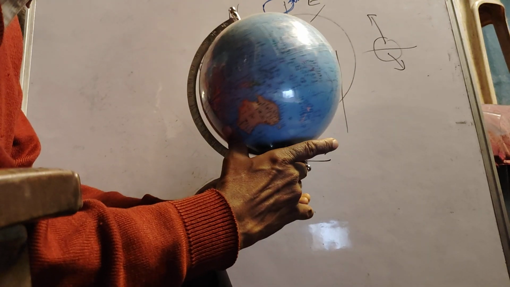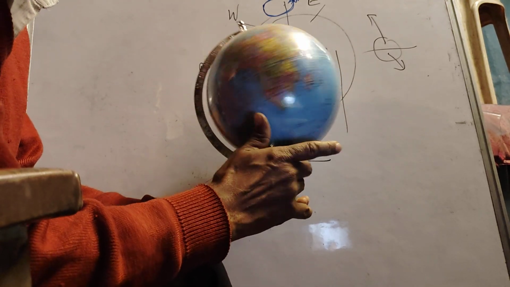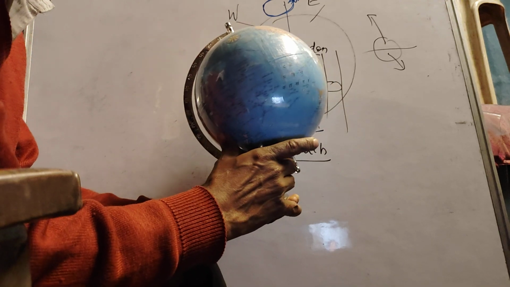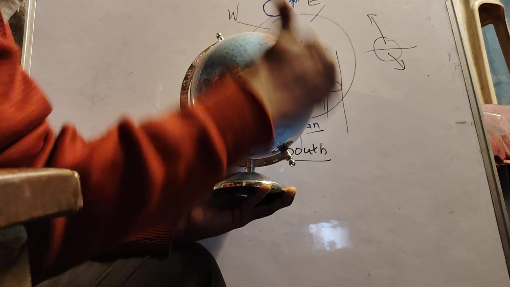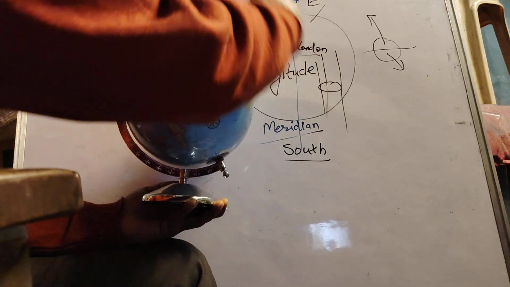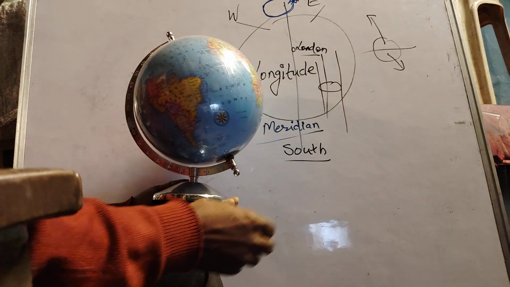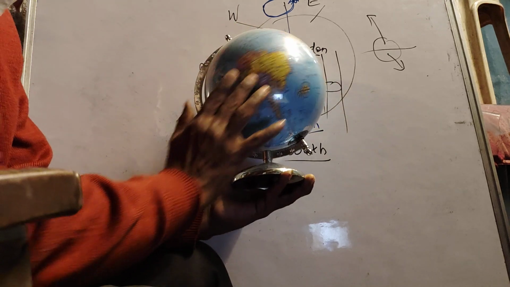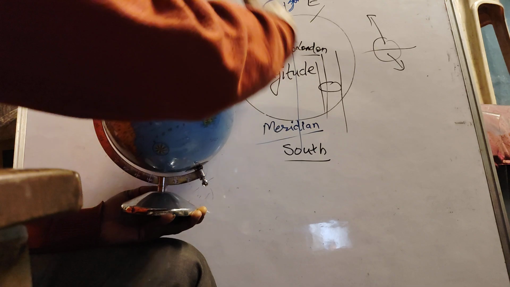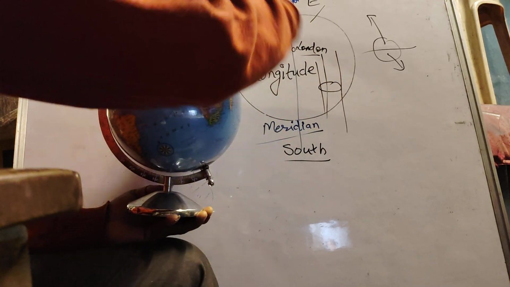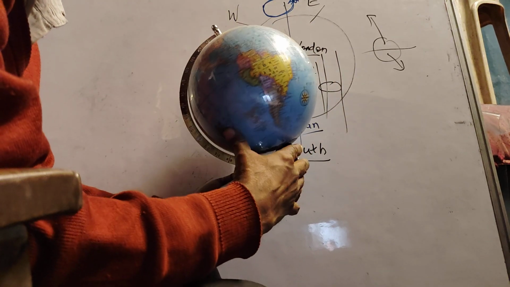What angle does it make with this longitude line? Earth is rotating at some tilted angle. Do you know the angle?